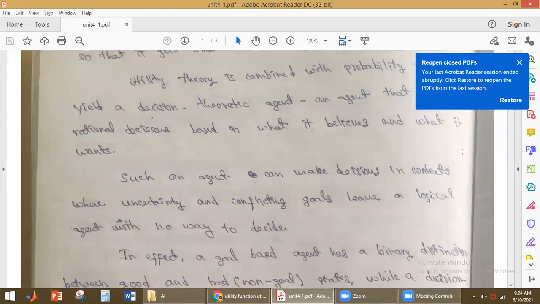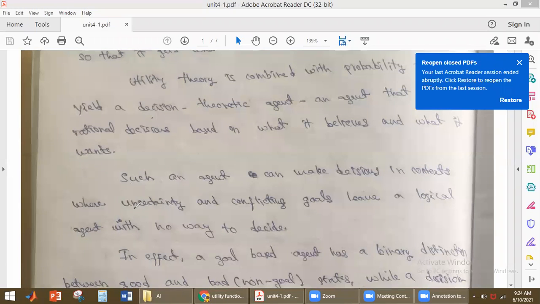Here, the agent makes decisions in an uncertain environment, and where it is having conflicting goals also. For example, if you see a self-driving car.